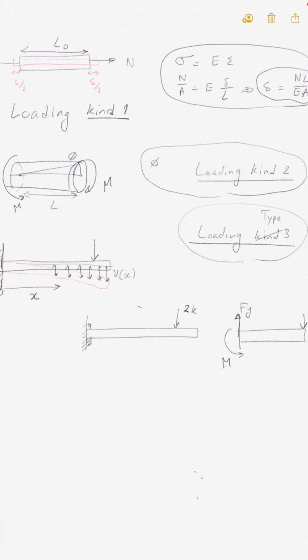Let's say we also have an Ax here. So how many unknowns do I have? Three. How many equations do I have? Three, because it's a two-dimensional case. Therefore, you are able to immediately solve it, as we did in vector statics.